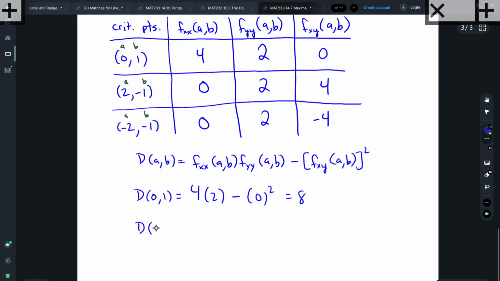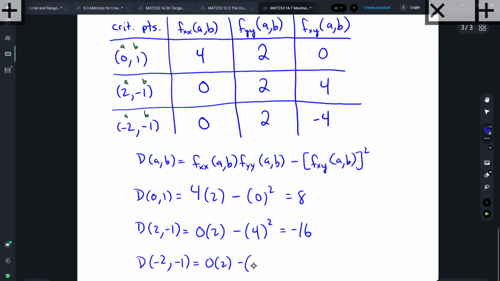The discriminant for the next one is equal to this times this minus this squared. So 0 times 2 minus 4 squared is equal to 0 minus 16, so -16. And then finally, the last one: 0 times 2 minus a -4 squared.